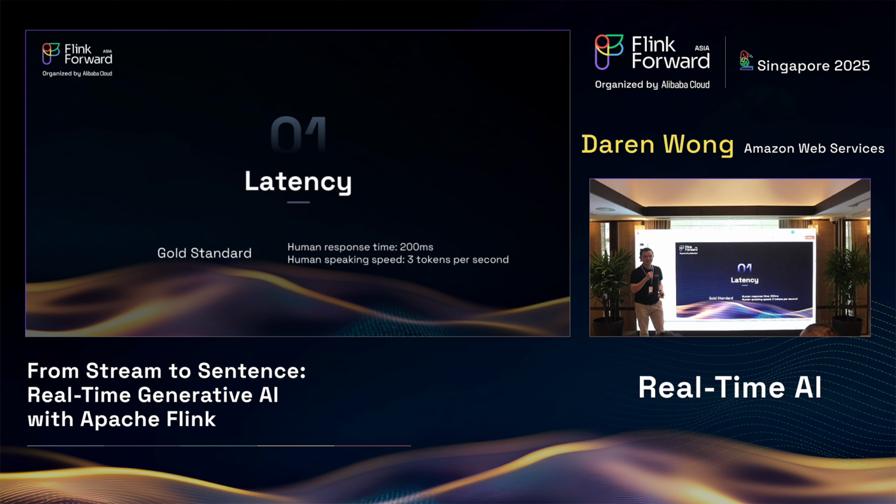Now, for latency, before I go into analyzing the latency of the system, let's define the requirements first. What sort of latency should we strive for in a use case like this? For latency, I've set a human commentator as the gold standard that we are comparing against. That means if our AI commentator is not as responsive as a human commentator, it is probably not good enough.